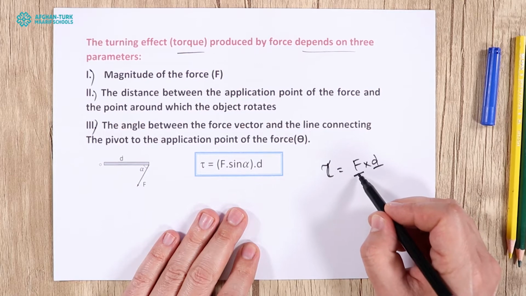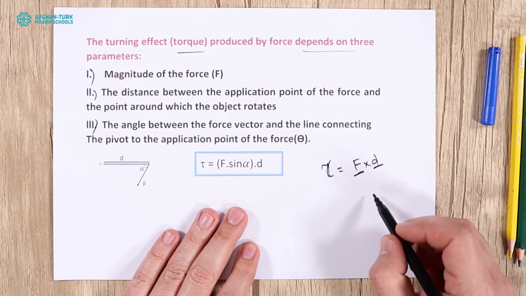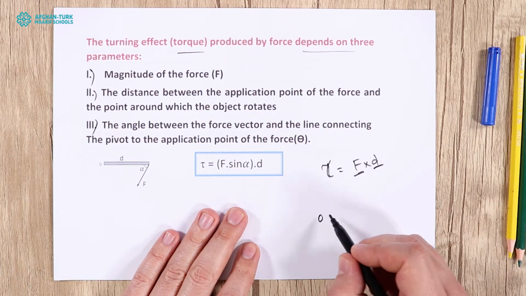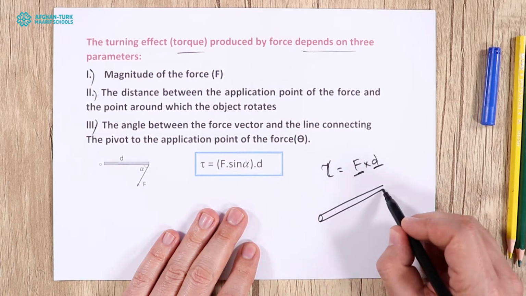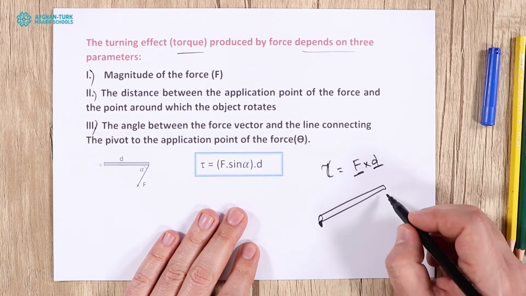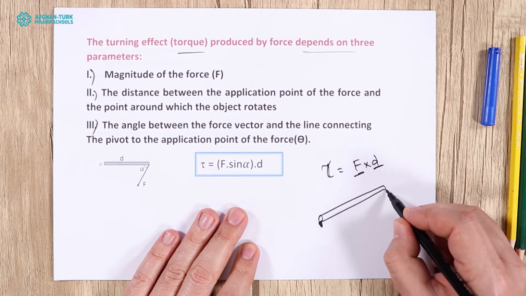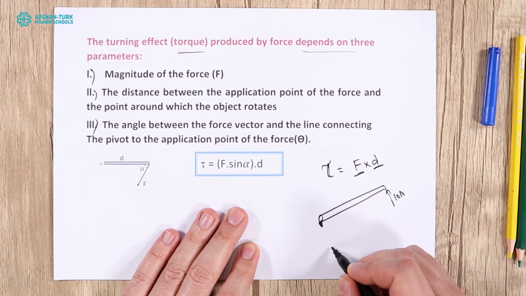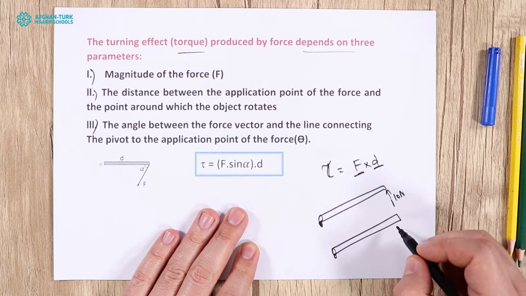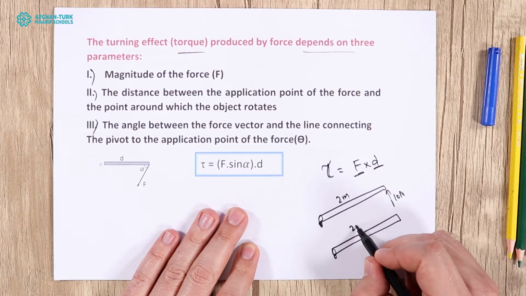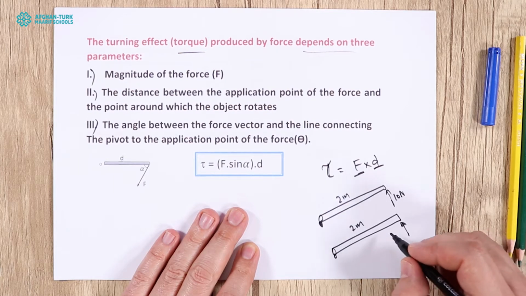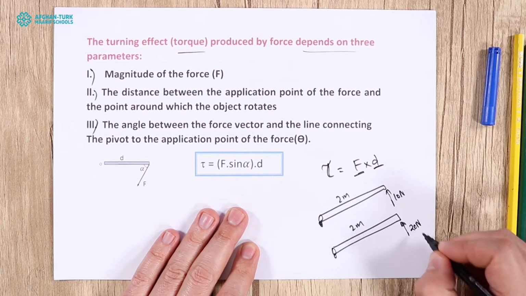If we increase the distance or force, let's suppose this is the lever, this is the turning point, and we apply a force of 10 Newton here. In the same case, this is the second lever at the same distance, 2 meter and 2 meter, but here we apply a 20 Newton force.